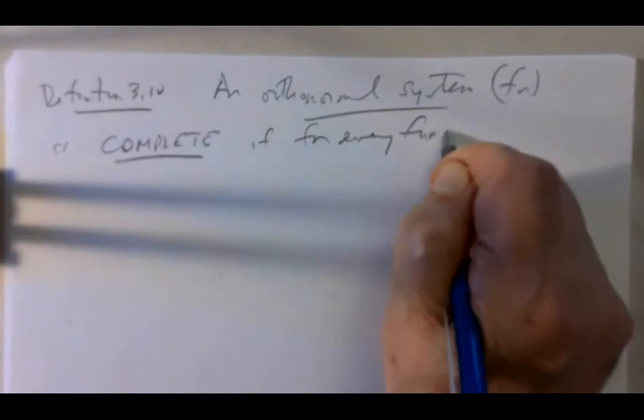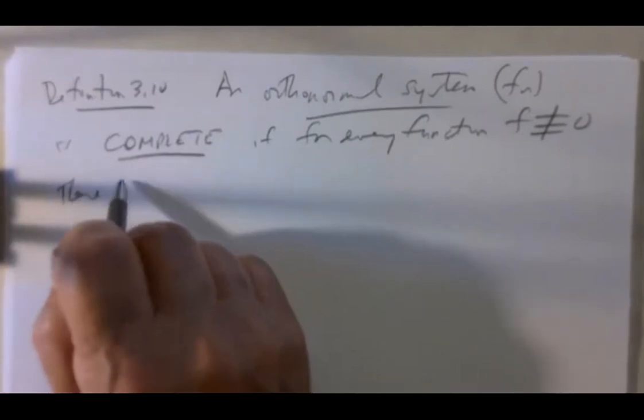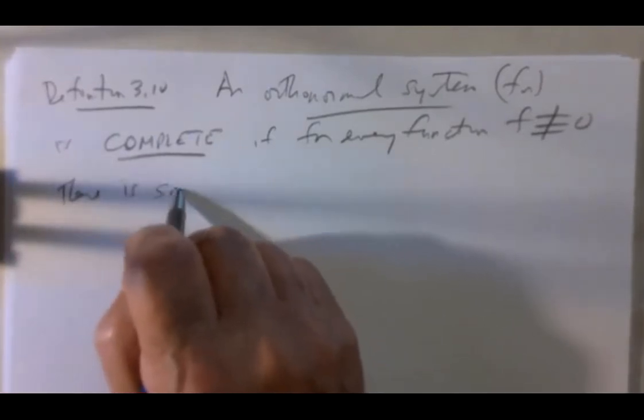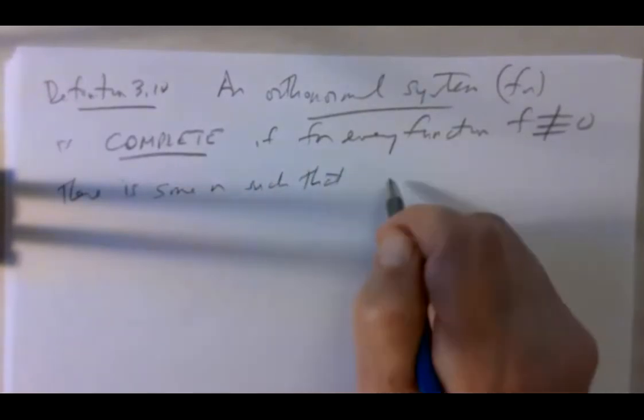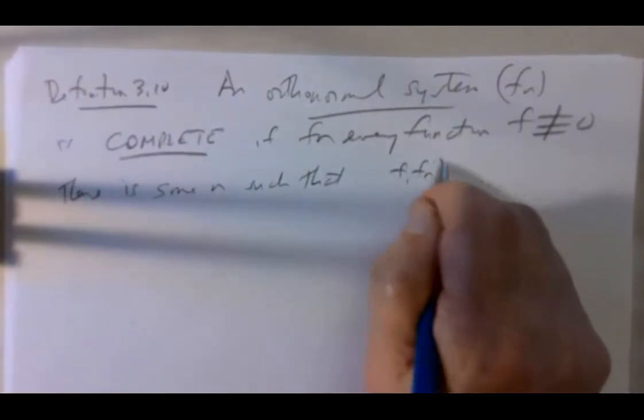For every function f which is not identically 0, there is some n, at least one, such that the inner product of f with fn is not 0. So the only function which has all of its Fourier coefficients equal to 0 is the 0 function.